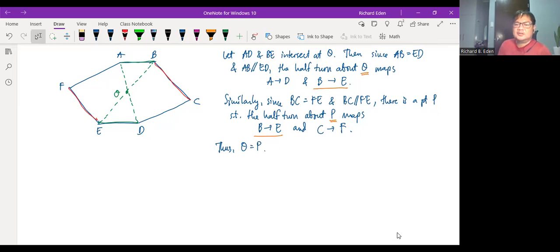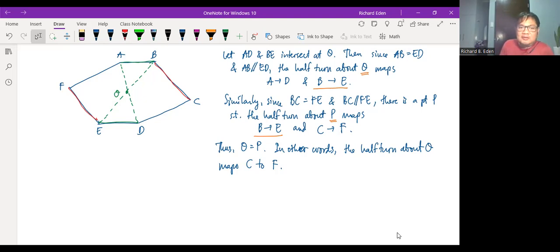In other words, the half turn about O maps C to F, because the half turn about P brings C to F, and P is the same as O. So the half turn about O brings C to F. Consequently, C, O, and F are collinear, and in fact, O is the midpoint.